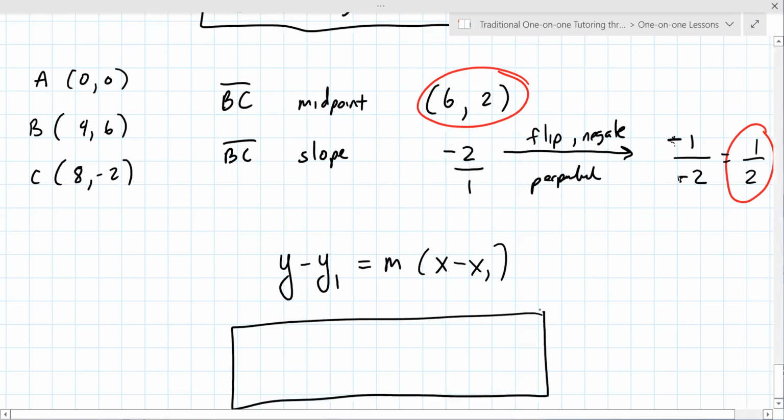So let me know whenever you're ready for that. Y minus 2 equals 1/2 (x minus 6).